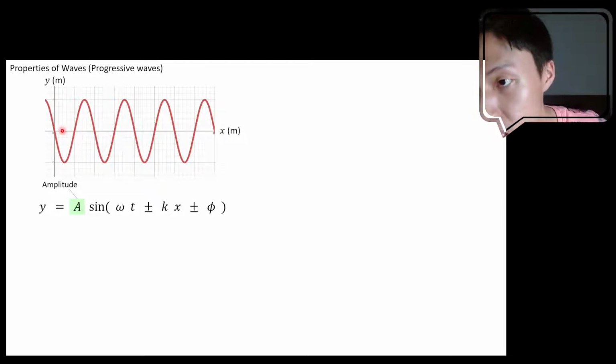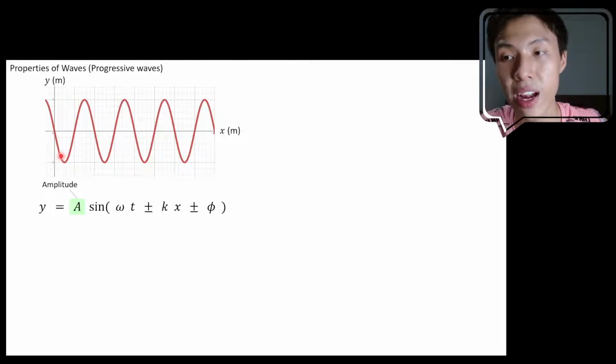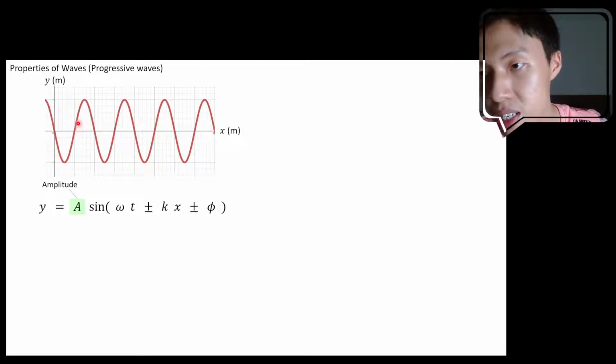Let's say I'm looking at this point where my laser pointer is pointing right now. At this position the particle has already displaced by this much in the negative direction, whereas at this position, the particle has already displaced by this much distance in the positive direction.